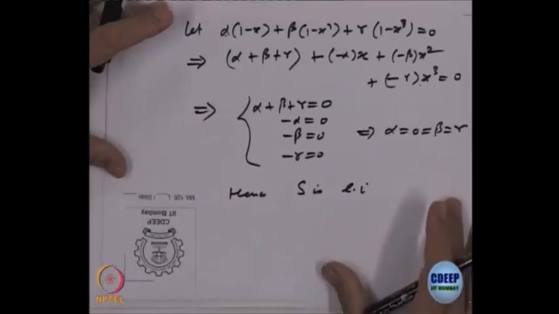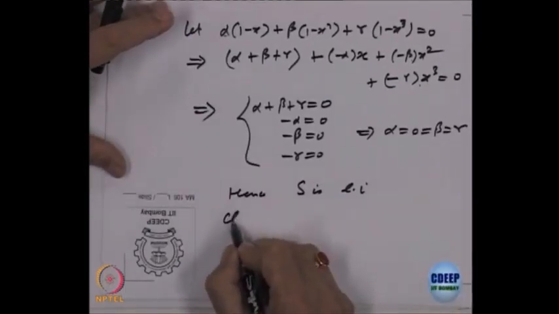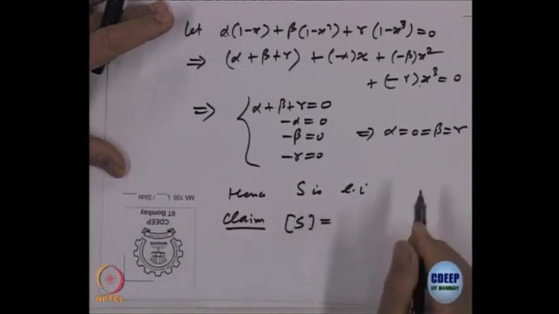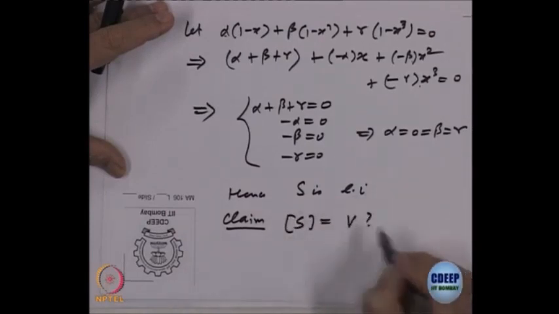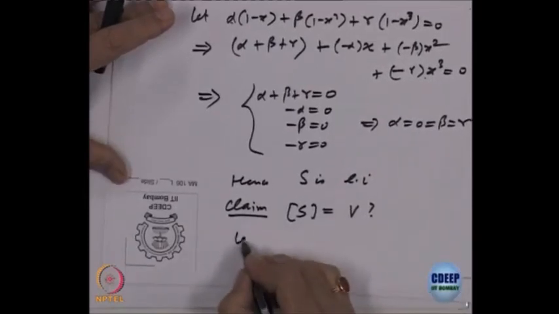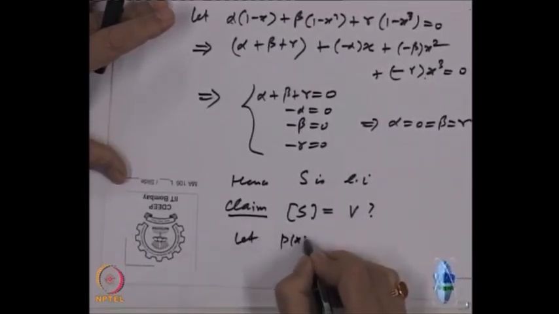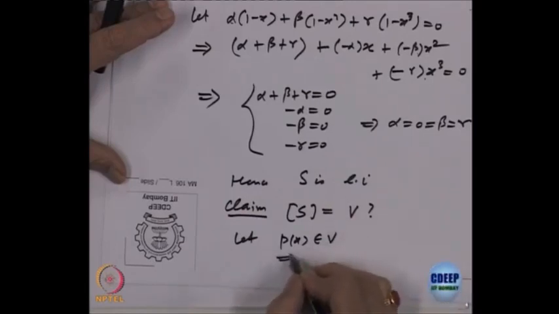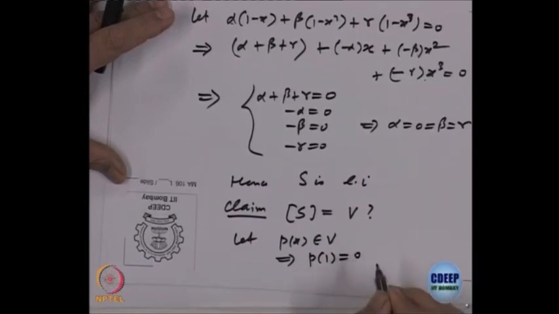It generates. So, claim: S is equal to V. So, let us take a polynomial, let P(x) belong to V, which implies P(1) is equal to 0, right.